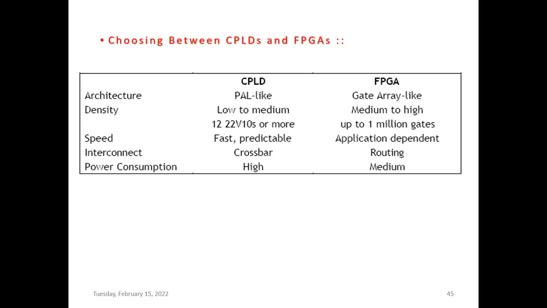There is a question: sir, you said FPGA has millions of gates and is application dependent, but CPLD is faster, predictable, low to medium density. So why is its power consumption high compared to the FPGA?